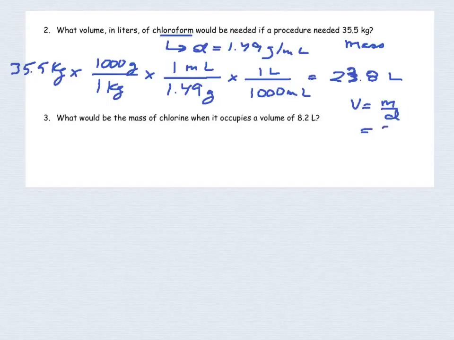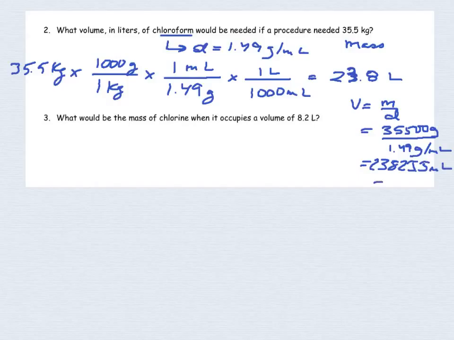The mass is 35,500 grams. The density was 1.49 grams per milliliter. The answer to that would be the volume in milliliters. So it'd be like 23,825.5 mils. Then you have to do your last step and change it into liters.